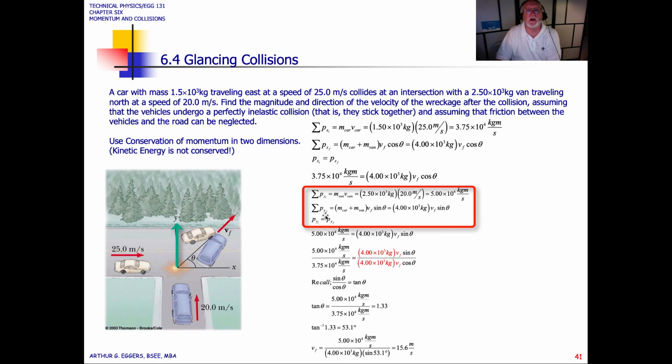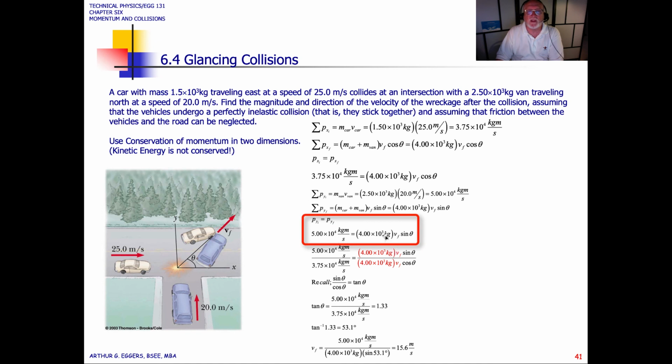For the final momentum in the y direction, again, the two vehicles are stuck together, so we have v final times sine of theta. We've taken that as far as we can go. Just like in the x direction, we set the two equal to each other because we have conservation of momentum.